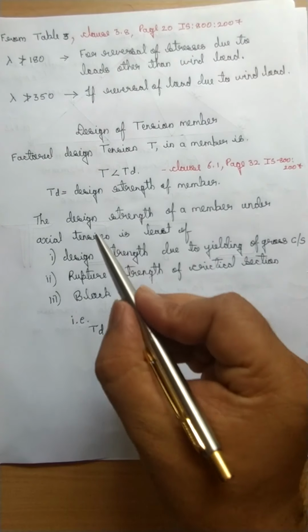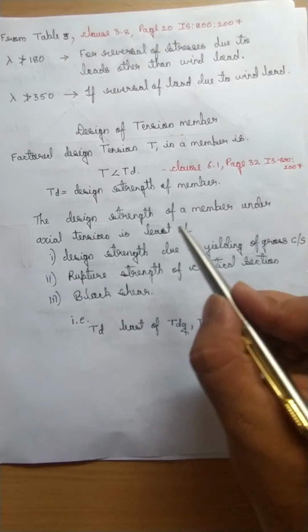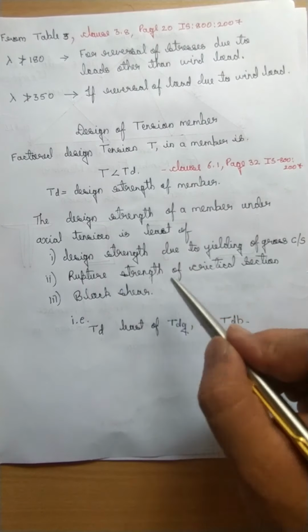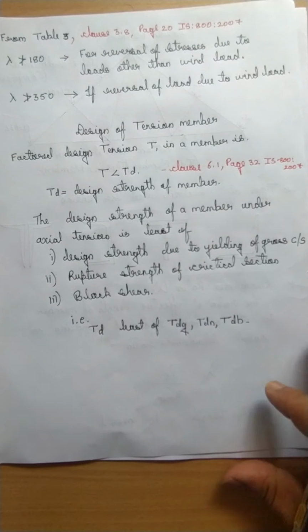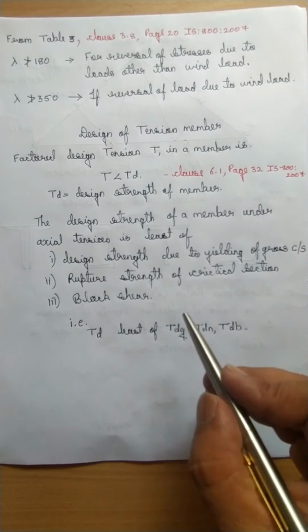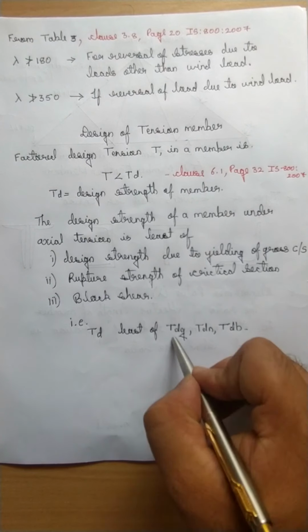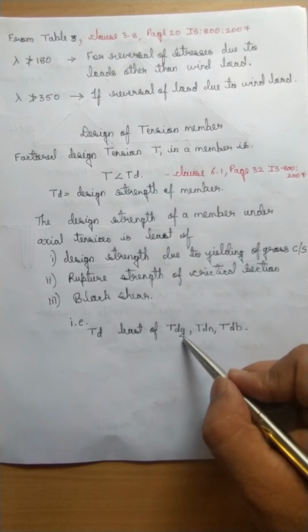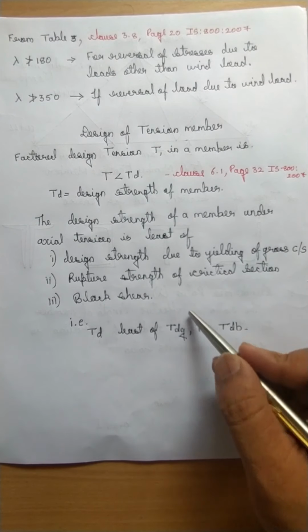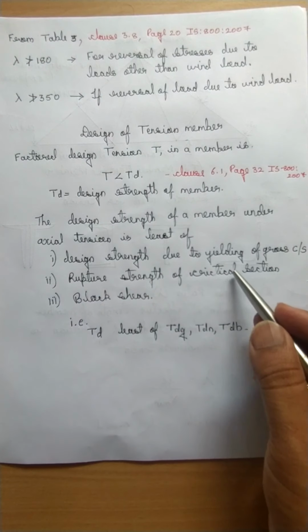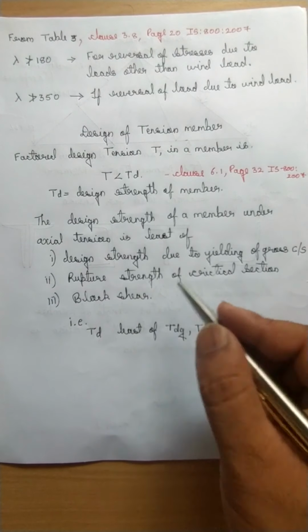I have written it here. The design strength of a member under axial tension is the least of these three, and they have specified the notations. TDG is the design tensile strength due to gross yielding, TDN is due to rupture of the critical section, and TDB is for block shear.